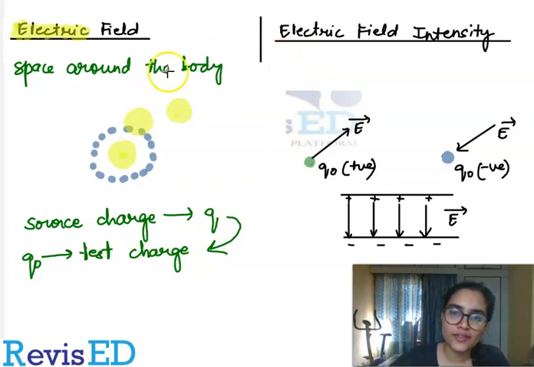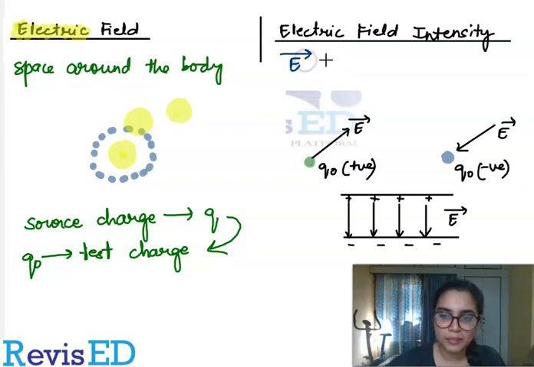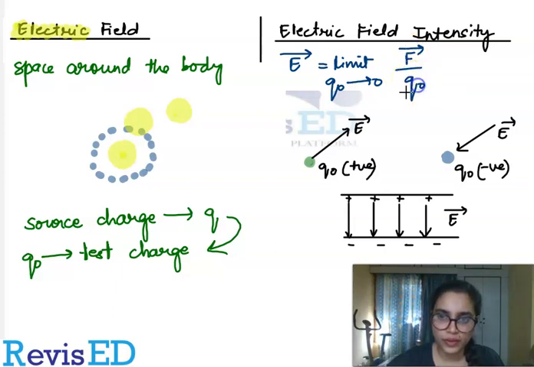Means that the electric field intensity at any point is equal to the limit Q0 tending to 0 of F vector by Q0. This is your formula for electric field intensity.